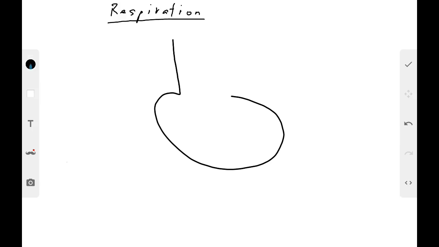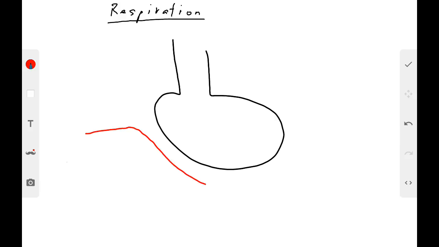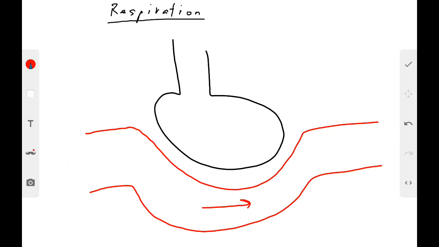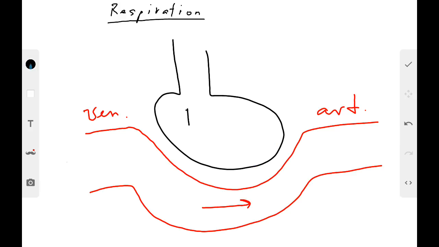Let's draw the alveoli. Let's draw the blood vessel. Here we have venous blood, and on the right side arterial blood. So the partial pressure of oxygen in alveoli is 100 millimeters mercury.